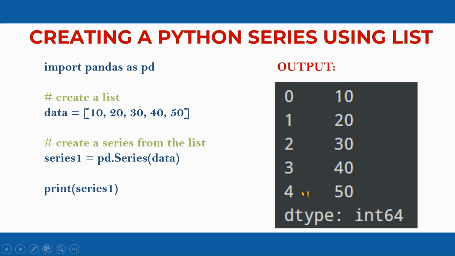Five elements means 0 to 4. Since all are integers here, the data type is also int64. So you need to understand that there are five elements of data, and this is the index number. Since you don't specify an index, no problem, it will take from 0 to n minus 1.